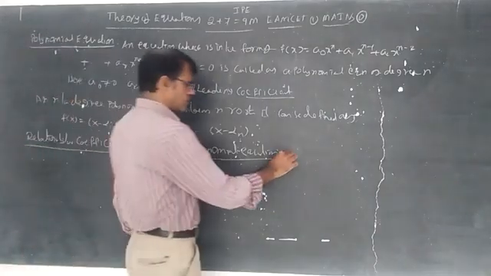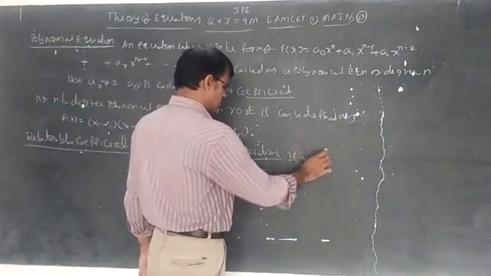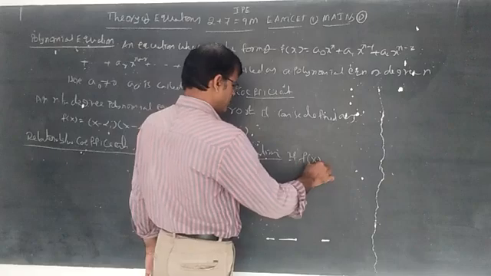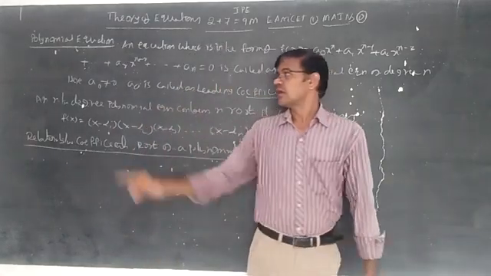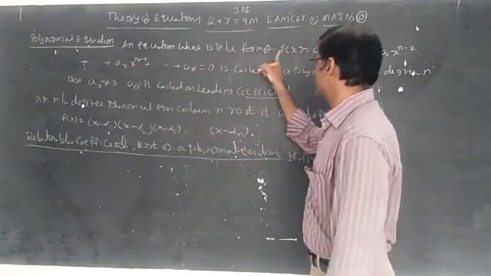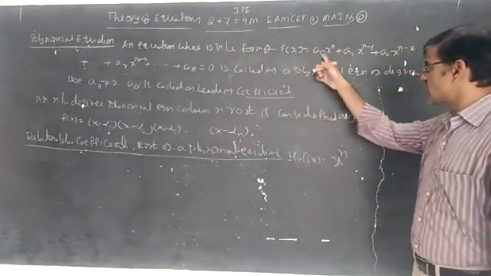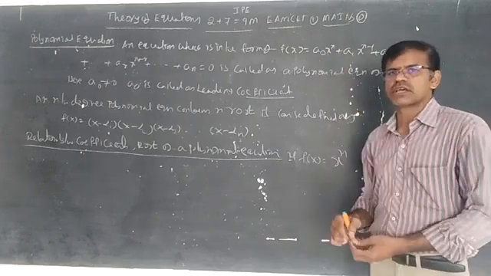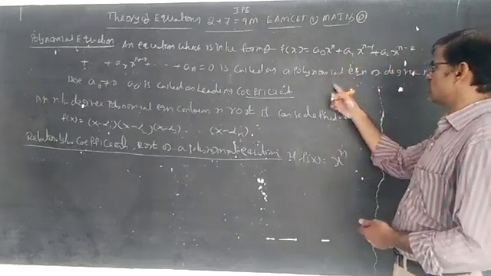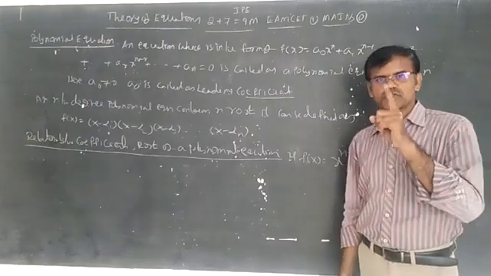If f of x is equal to the general notation, x power n, generally if the polynomial contains a naught, we should standardize the equation by dividing with a naught. Then the leading coefficient should be 1.